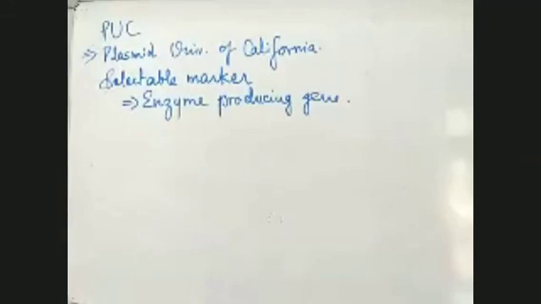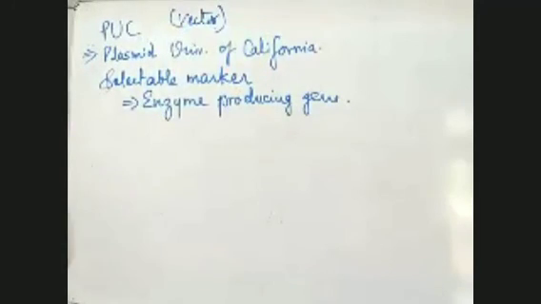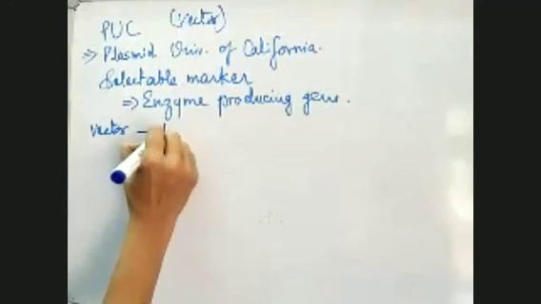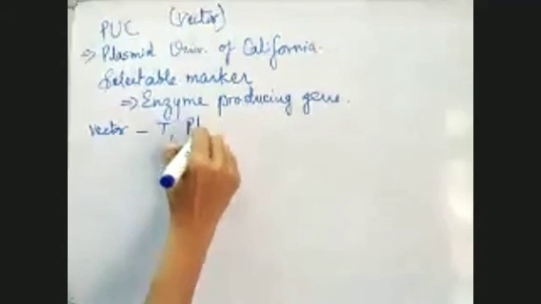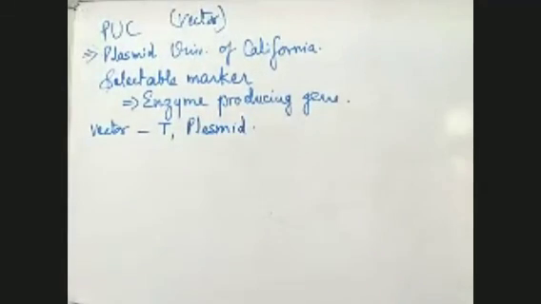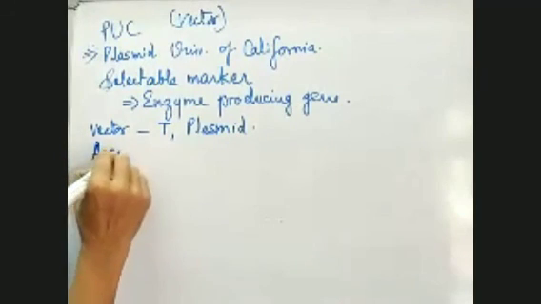Then there are T plasmids, which are also a type of vector. Another type of vector which is being used is the Ti plasmid. This is a natural plasmid. There is a bacteria named Agrobacterium tumefaciens, if you have heard the name.